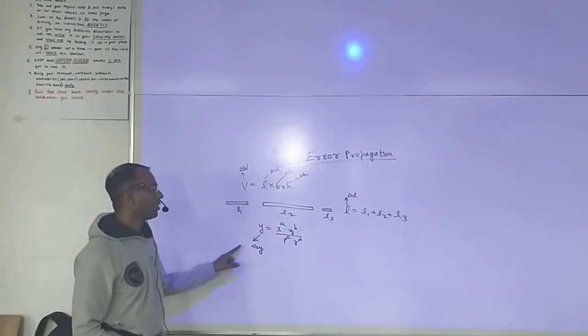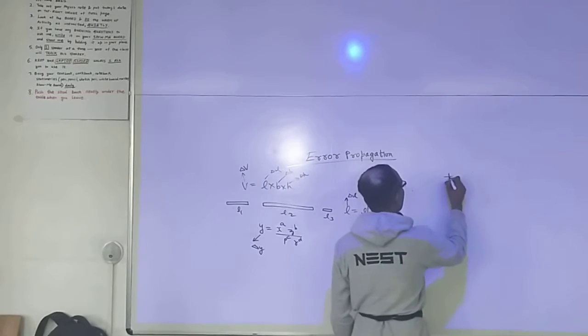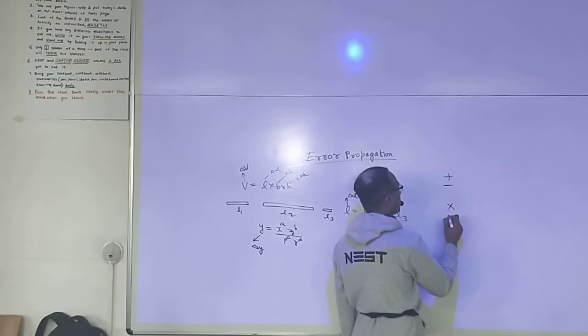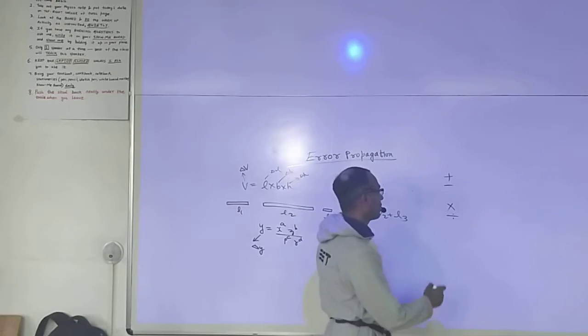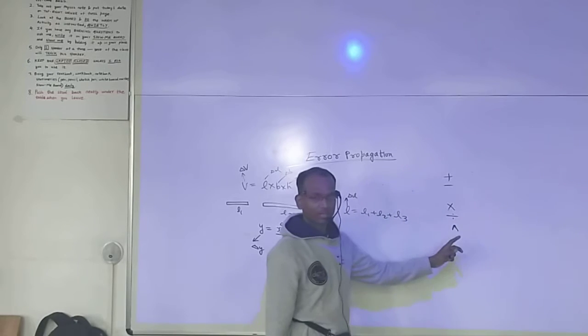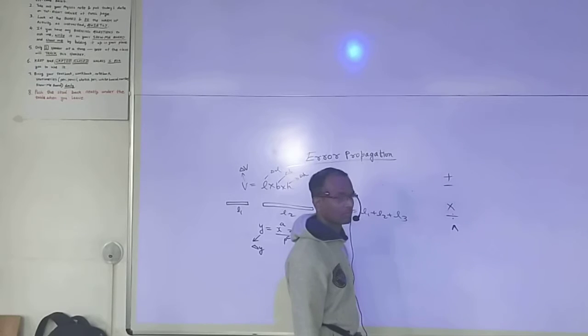So for that there are two situations. One is plus or minus calculations. Another is multiplication or division calculations. Or even the power. Multiplication, division, power have a separate kind of treatment. Addition, subtraction has a separate kind of treatment.